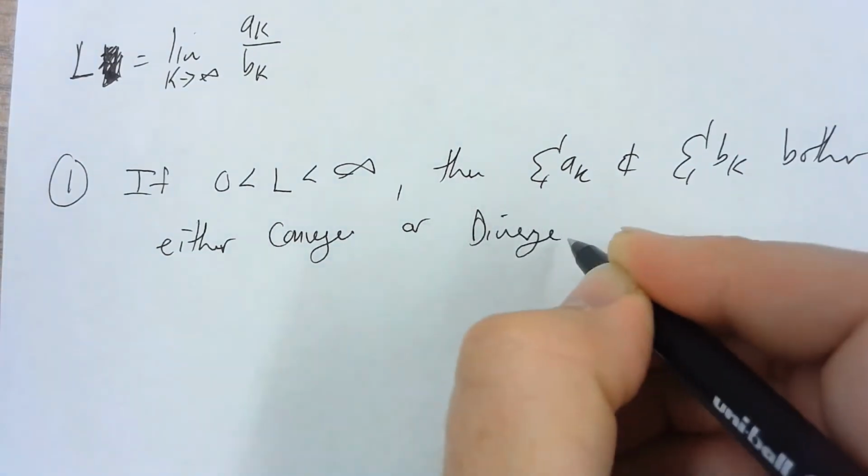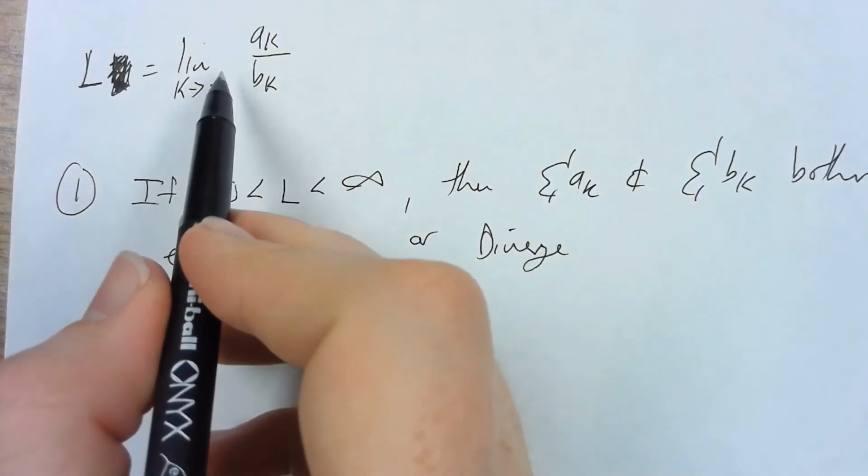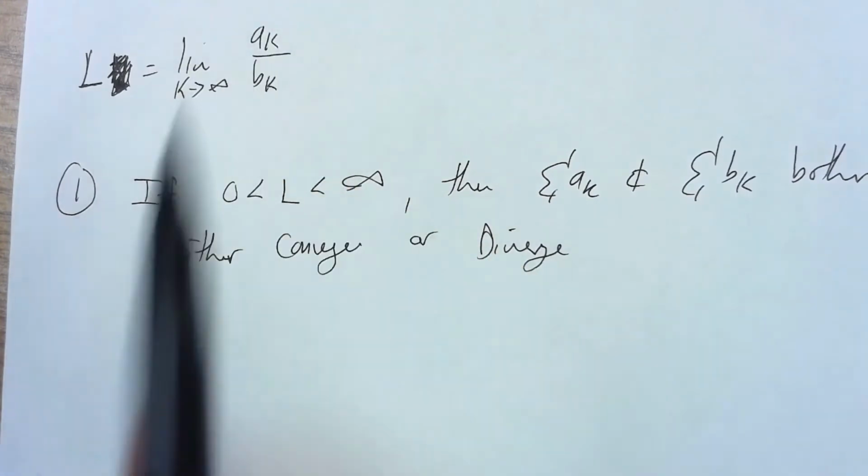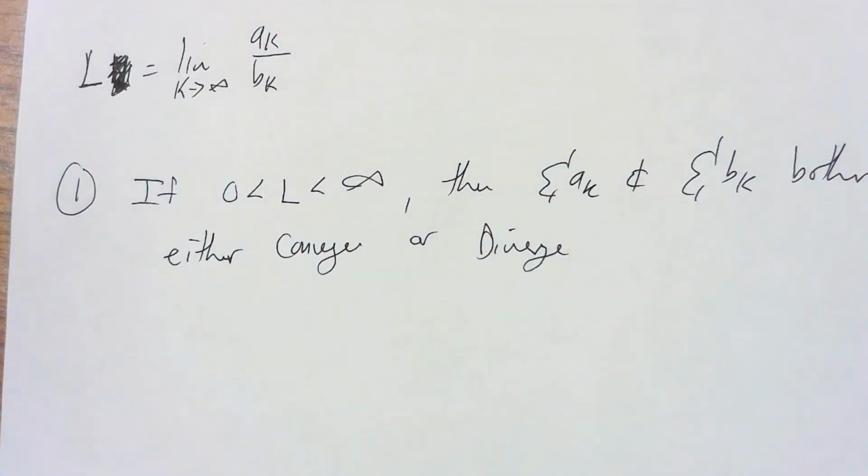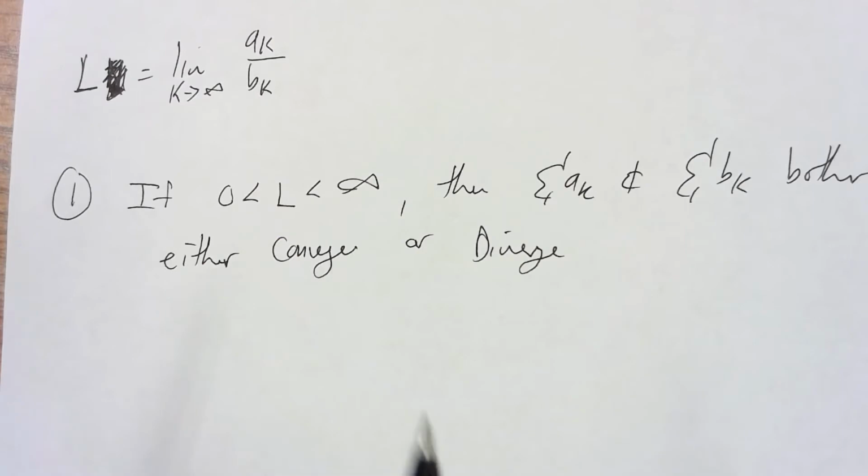What we're trying to say here is that the limit of the ratio of those two values is going to a specific number, meaning that they're not necessarily doing the same thing, but they're doing it comparatively, in such a way that they either both converge or they both diverge.